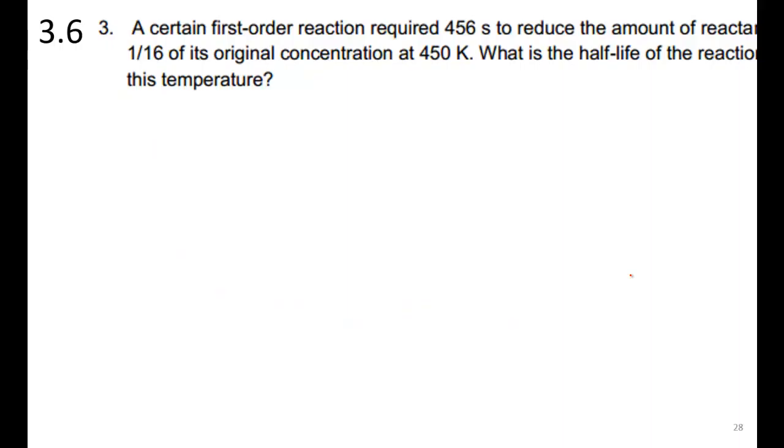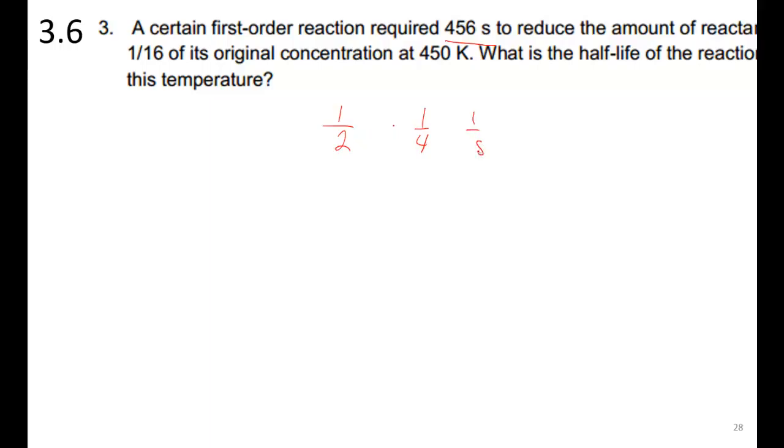Alright, I want to do this one because you're going to see how easy it is if you think about it. A first order reaction takes 456 seconds to reduce the amount of reactant to 1/16 of its original concentration. What is the half-life of the reaction at this temperature? Okay, so for any reaction, my first half-life gets me down to half. Then I get down to a quarter.